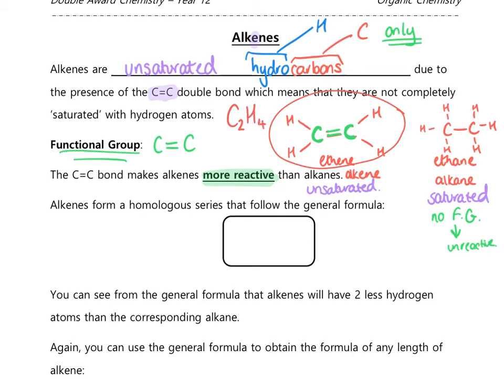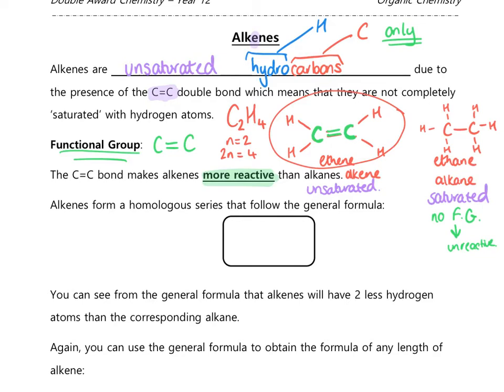There are 4. So remember, N represents our number of carbons. So N here is 2. And then we can see that H is 4. 4 is a multiple of 2. If we multiply N by 2 in this case, we get 4.